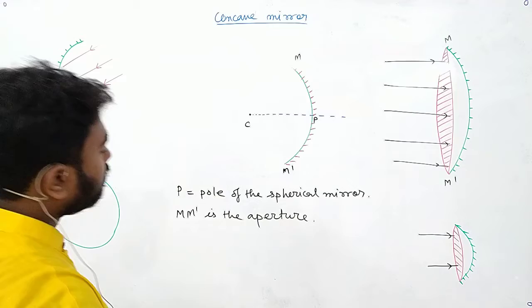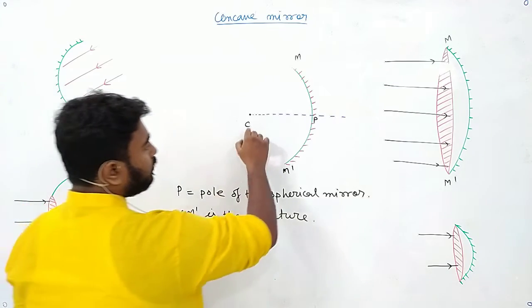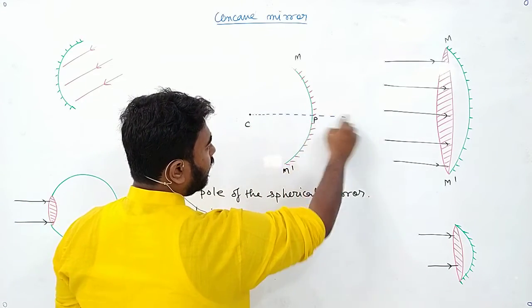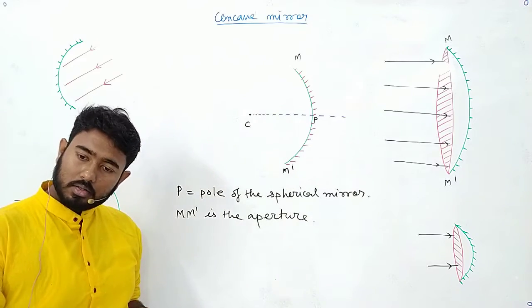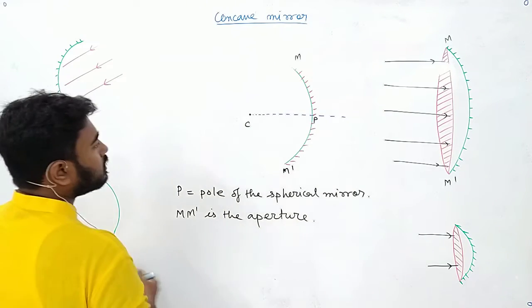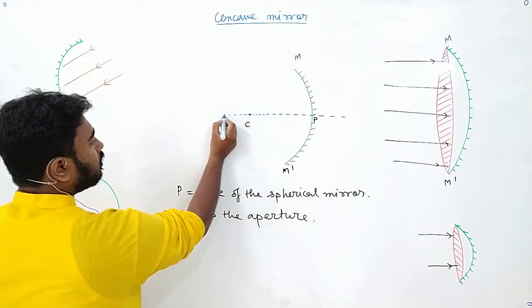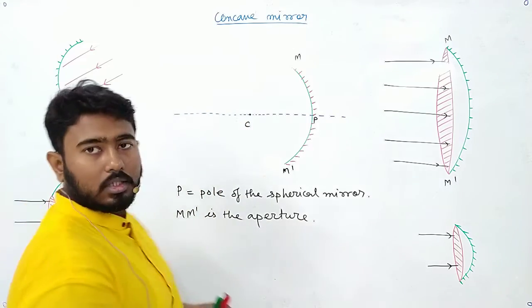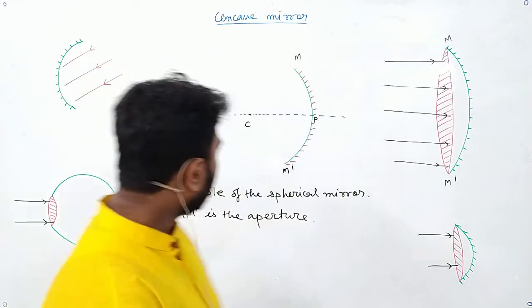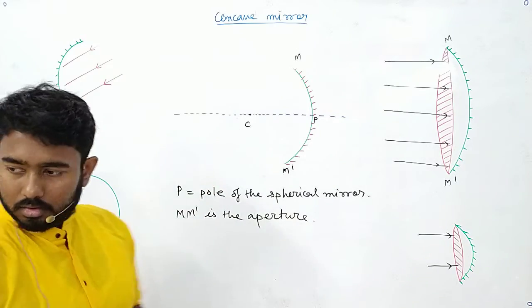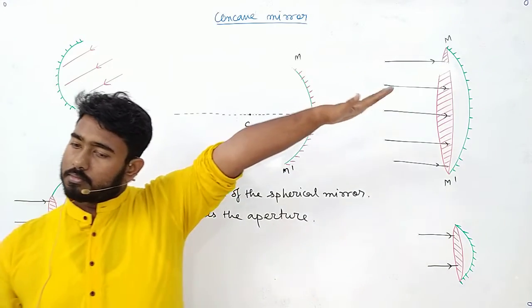The second topic says that we have drawn a dotted line that has passed through the pole, right? Now we can extend that dotted line also. If we extend this dotted line, we will get a straight line, right?